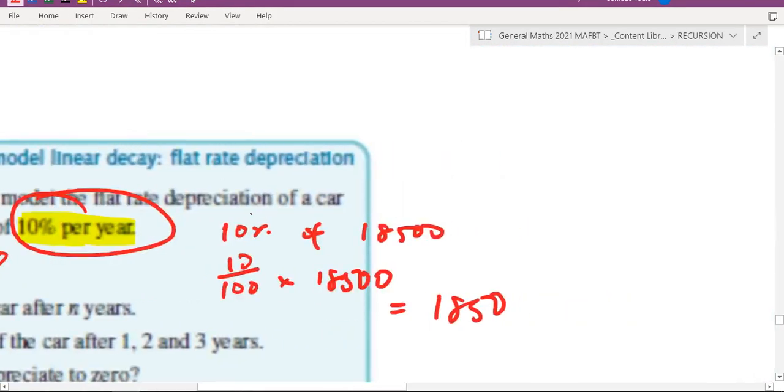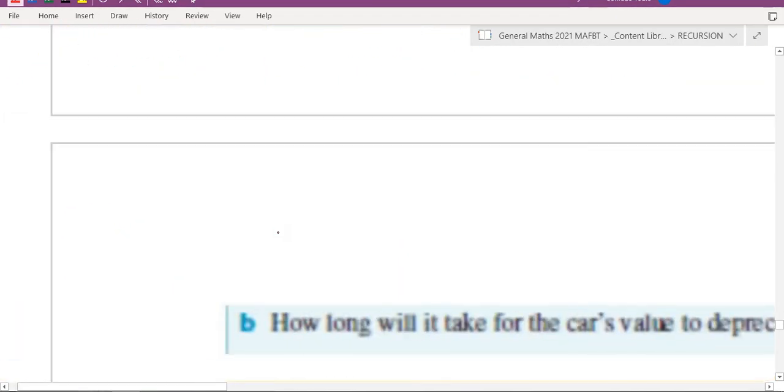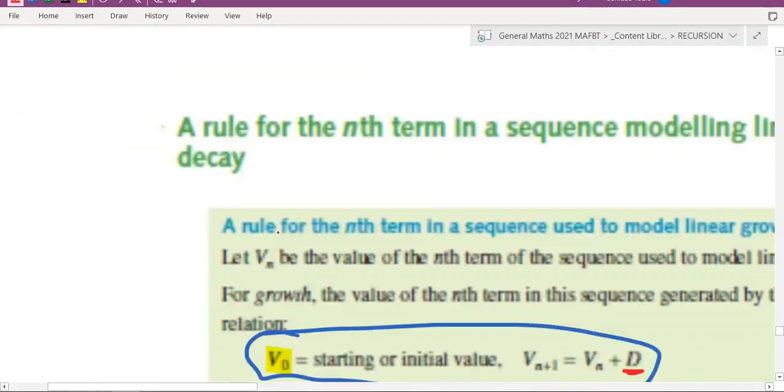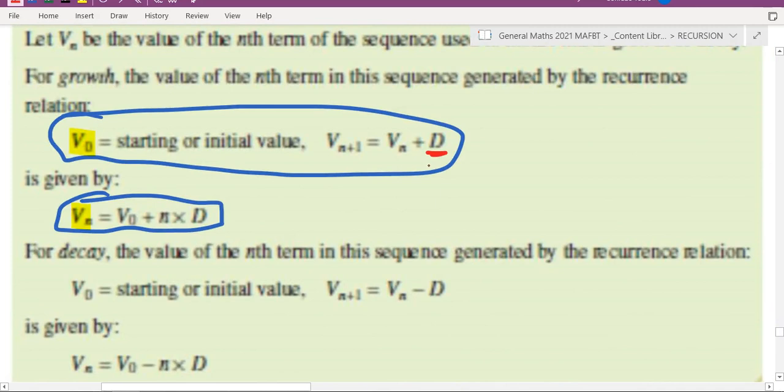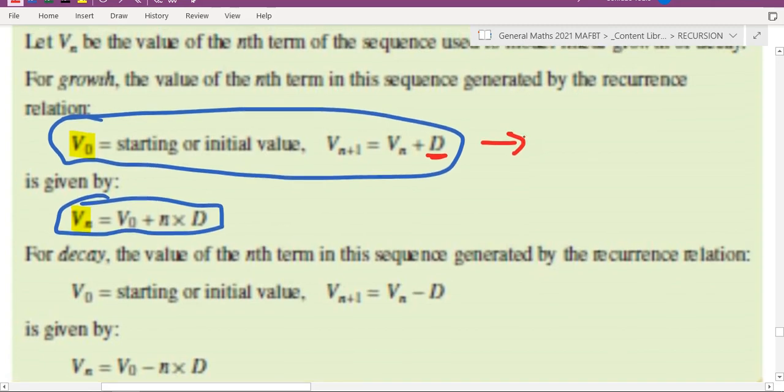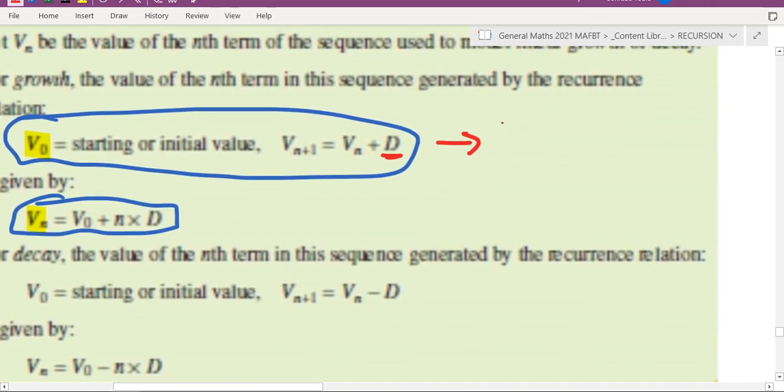We had to find a percentage of an item, okay? So just watch out for that because it's slightly different to what we did before. Here, you can see that the common difference is basically the thing that you're adding or subtracting by. Now, that's for the recurrence relation. I'll write that here. If you put this in your second page of your notes, I'll write down what you should put.